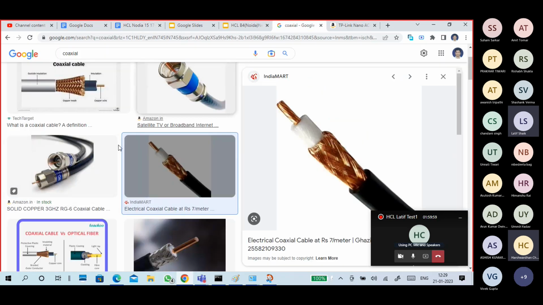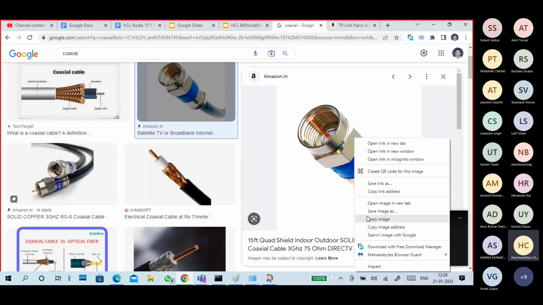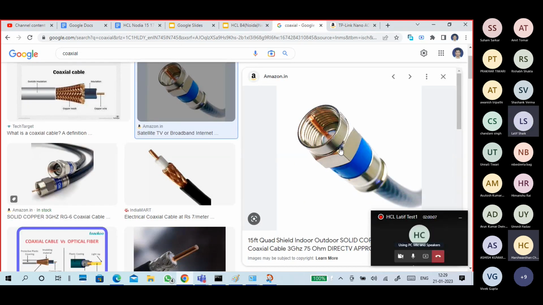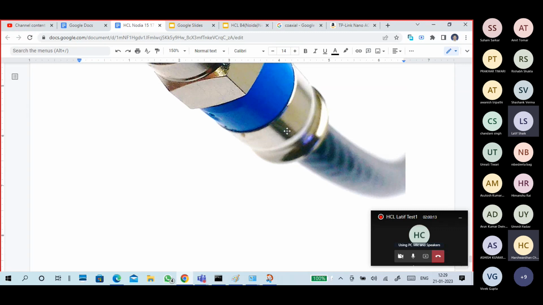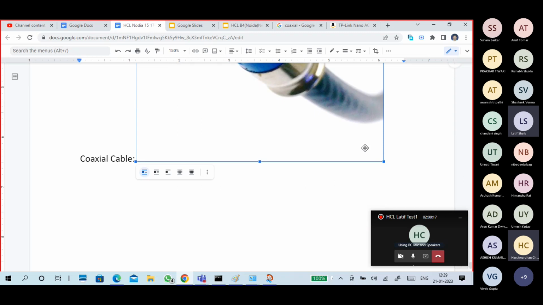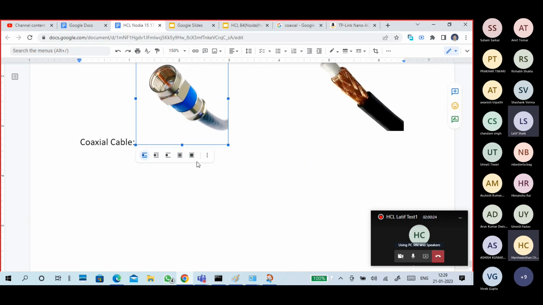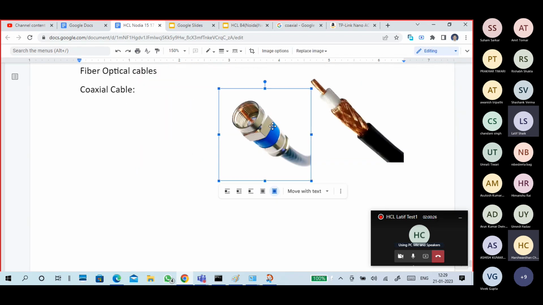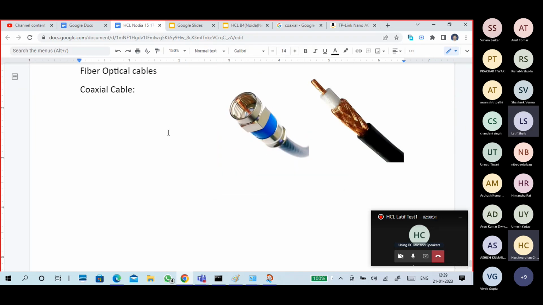Can you see the copper one, the center one? To connect to any device we need connectors, junction connectors. Many different types of connectors are there. This is one connector, and in India we use these for cable TV purposes.